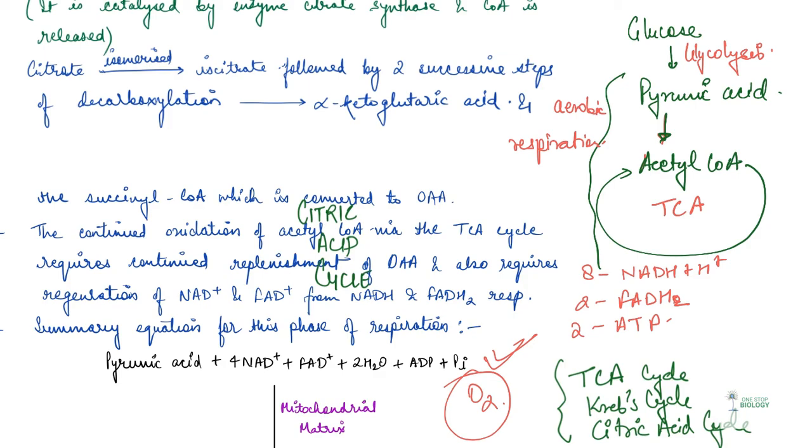So let's see what exactly the role of oxygen is in the process of respiration in the next video, where we are going to cover the electron transport system and oxidative phosphorylation.